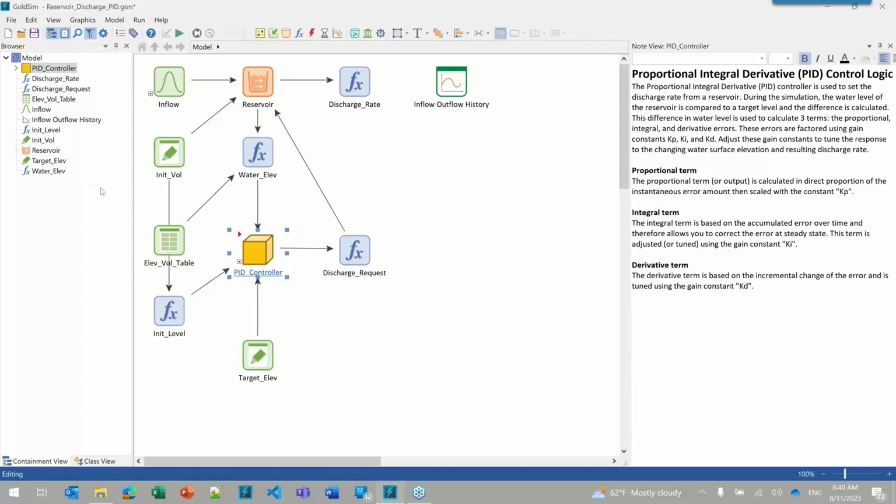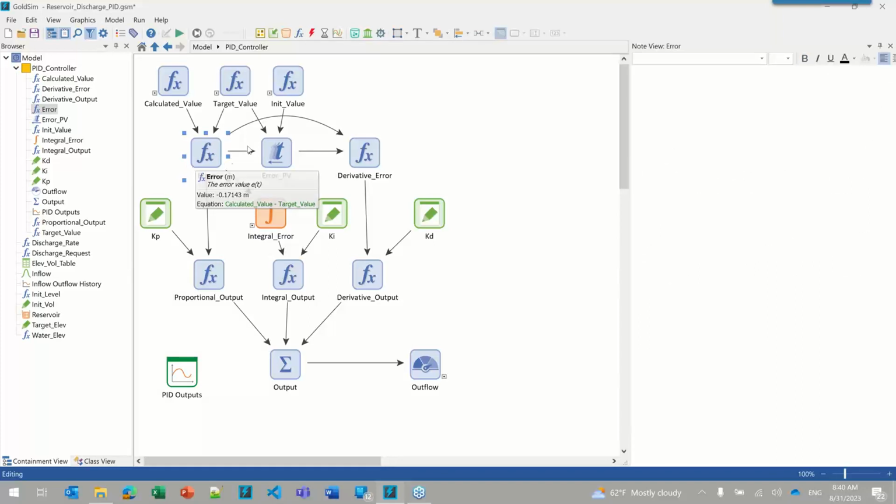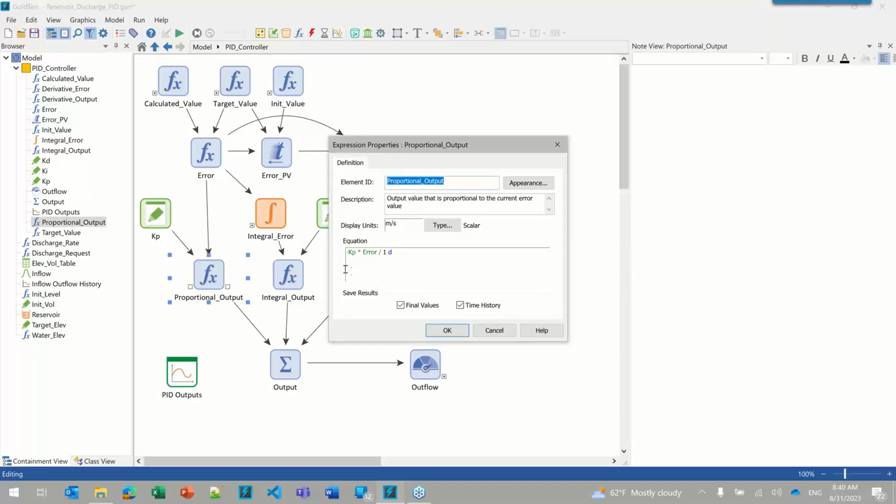Then you could use this PID controller, and what it does is it calculates the difference between the water level and your target, and it calls that the error. So that's the difference between target and water level. And then from that, we calculate three terms. We have the proportional output, which is going to be the error over time.